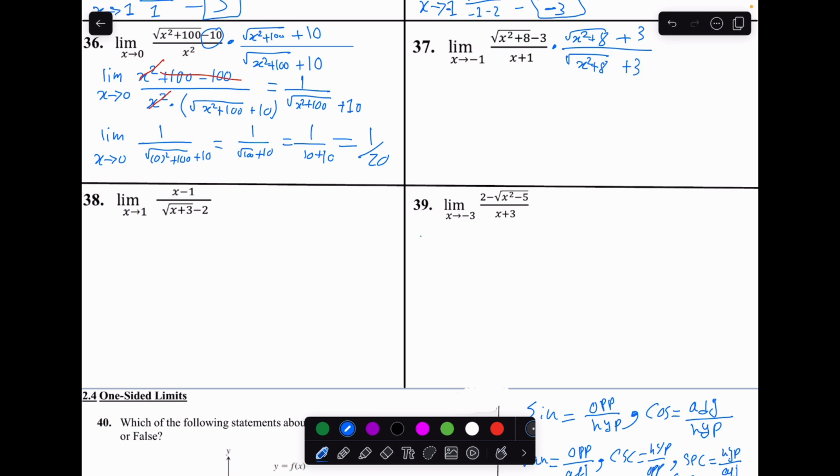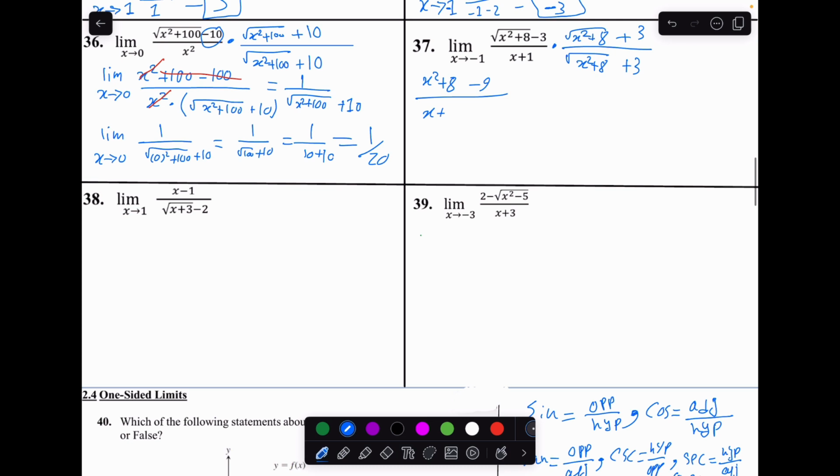So when we multiply square root by square root, the square root will be cancelled, so we will have x squared plus 8. -3 multiply positive 3 is -9 over x plus 1 multiply square root of x squared plus 8 plus 3.